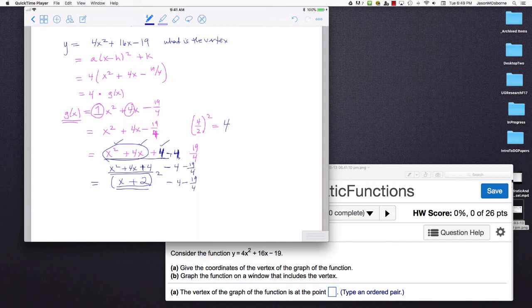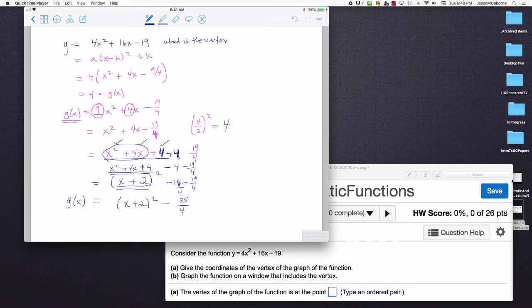Getting a common denominator here, 16 over 4, 16 and 19 make 35. So you get x plus 2 quantity squared minus 35 over 4. So what you've done is written g of x as a perfect square.